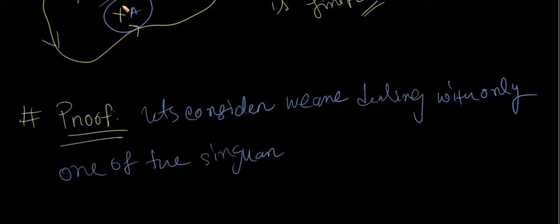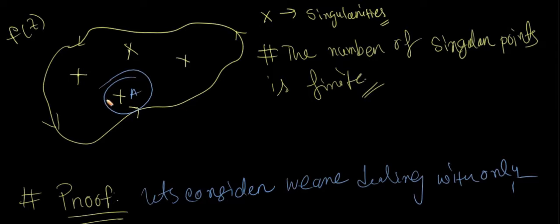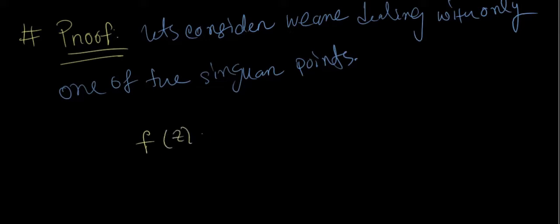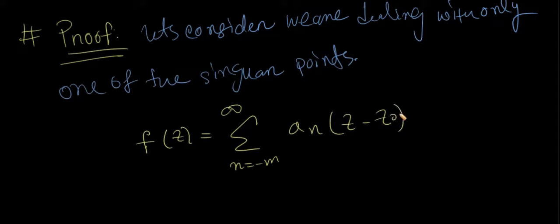That means I'm choosing a contour like this, that almost circle looking thing, and this only encloses one of the singular points but not the others. So this is some contour C. You know from the Laurent series that around this singular point the function f of z can be written as the sum of a n times z minus z naught to the power n, and this is just the Laurent series expansion.